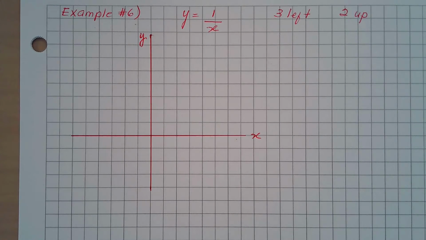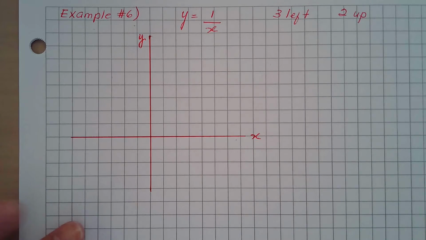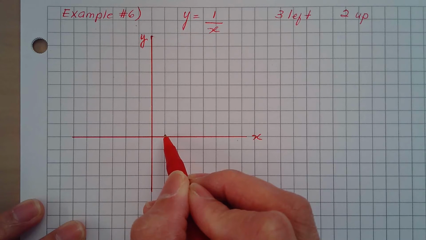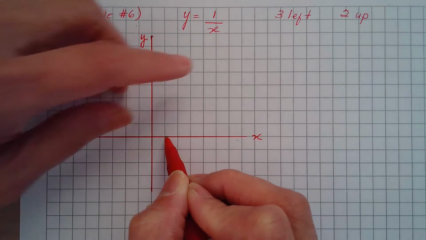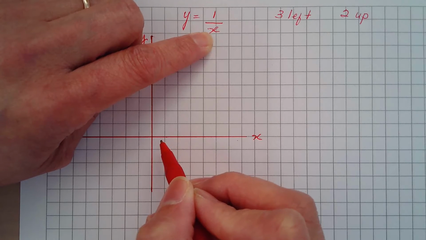Now we did a table of values last time. We're not going to do table of values. We're just going to calculate it in our minds, and then we're going to plot the points. Is that okay? And if you're not sure, you could always go back to your notes from a few days ago. Okay. So if x is 1, what is y? 1 over 1, which is 1, right?